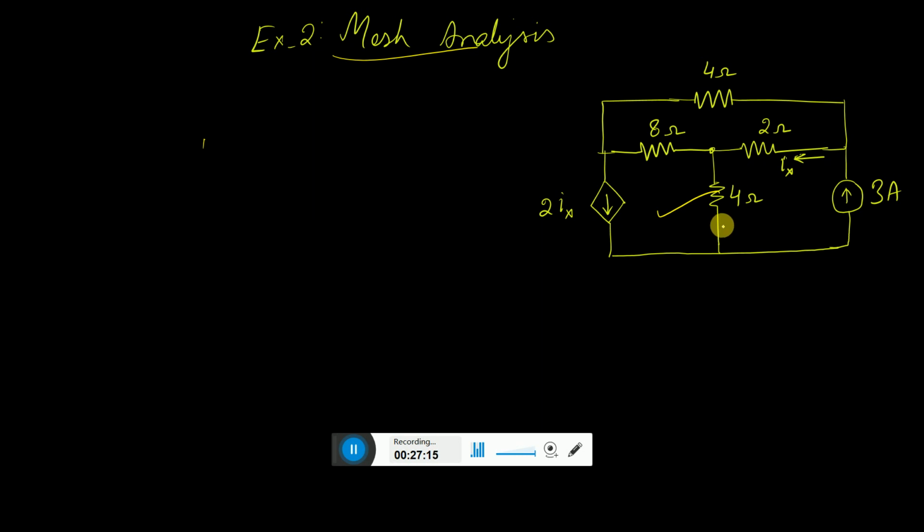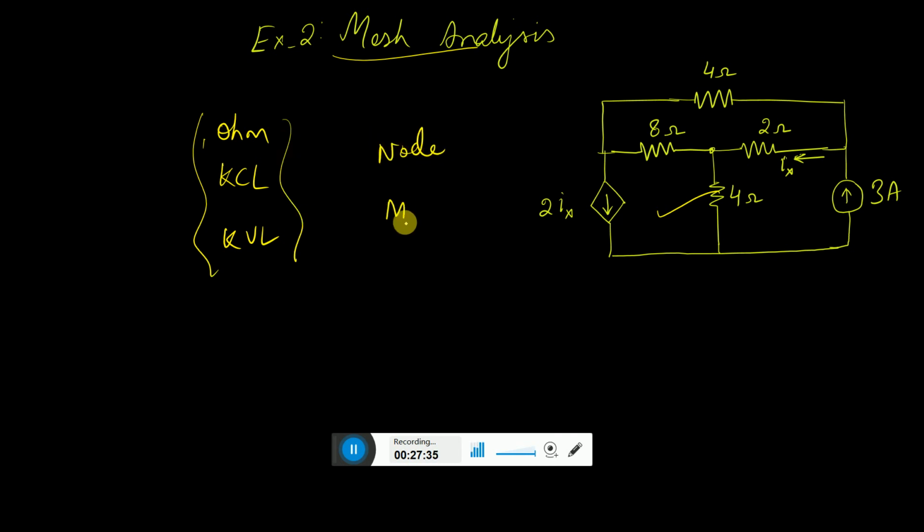However, once you know mesh and node analysis, it can be implemented in any circuit, and it is easier than applying KCL, KVL and Ohm's law. You can apply those three only, or you can use node analysis or mesh analysis. By using these two, you can easily solve the network.